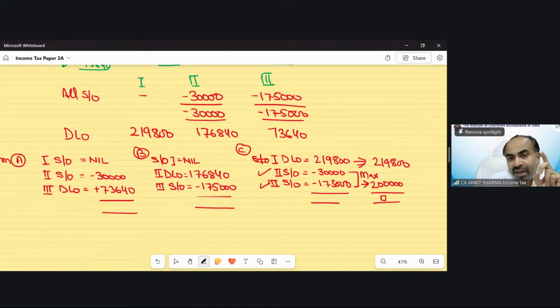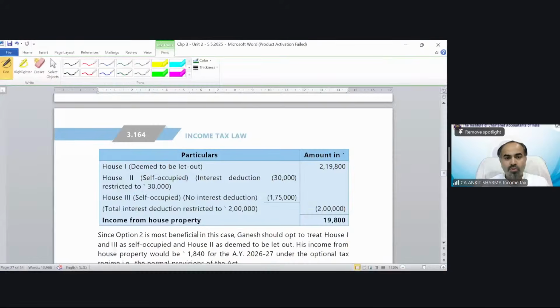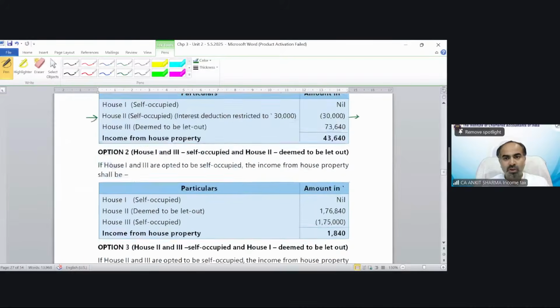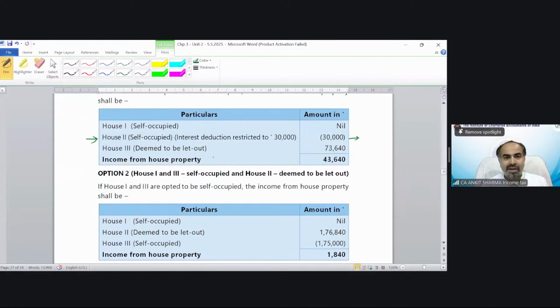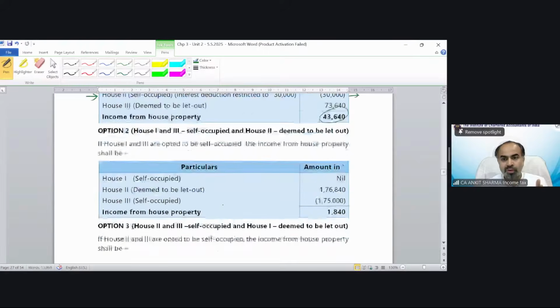Then whichever case the income is low or the loss is higher, that case you need to select. Got it? So you can see in this case, option 2 is most beneficial because in option 1, if you are taking third house as deemed let out, the income would be 43640. If you are taking second house as deemed let out, the income would be 1840.